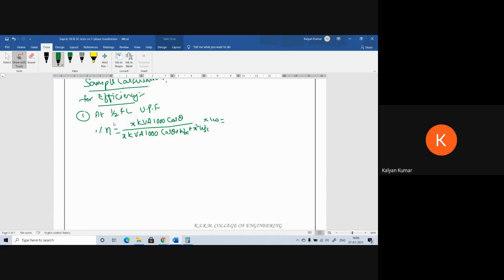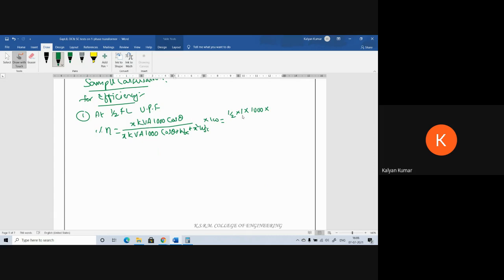X is the fractional load, that is half. The kVA rating is 1 kVA, since even though the transformer rating is 2 kVA, in the experiment setup we have used only 1 kVA.